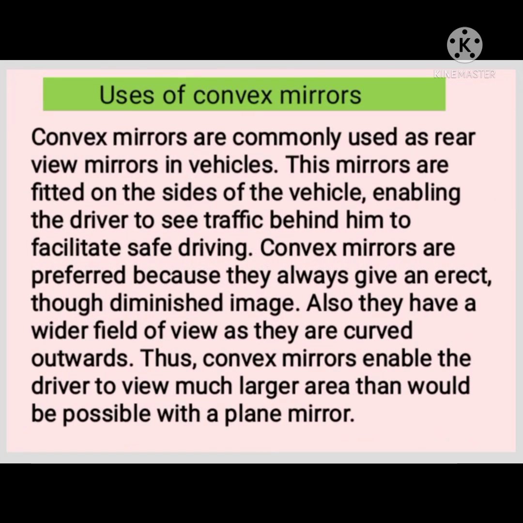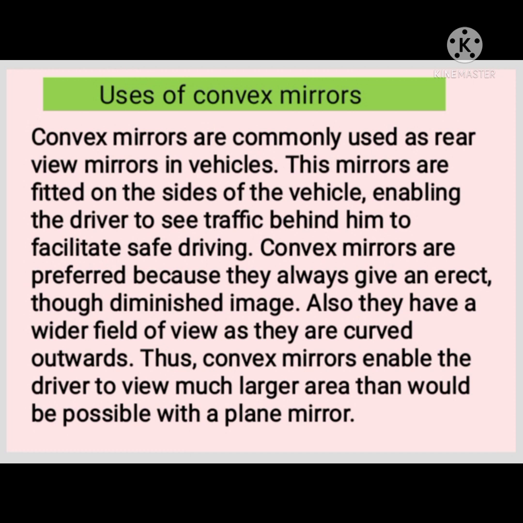Do you know what the uses of convex mirrors are in our daily life? Convex mirrors are commonly used as rear view mirrors in vehicles. These mirrors are fitted on the side of the vehicle, enabling the driver to see traffic behind him to facilitate safe driving.